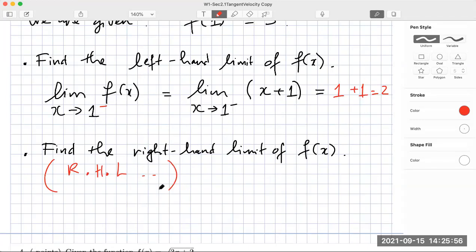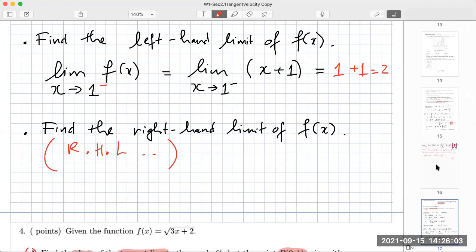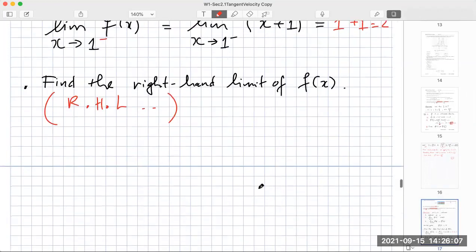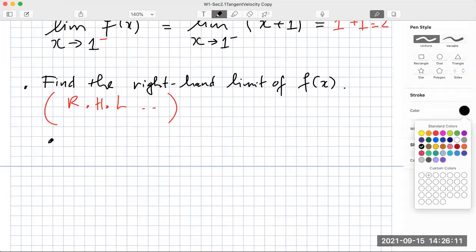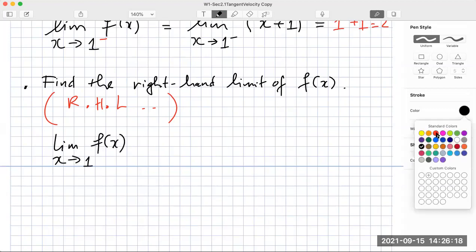Okay, save you a little time. I'm okay with that. Then do the same thing. Okay, compute the limit of the function f of x as x approaches 1 from the right-hand side.